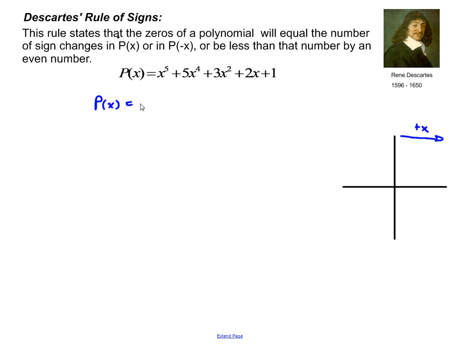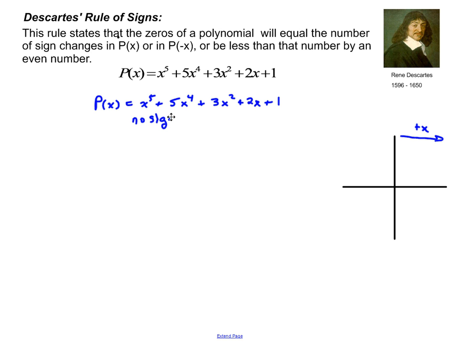And in this case, we've got positive x to the fifth plus 5x to the fourth plus 3x squared plus 2x plus 1, right? And we look at that and we see there are no sign changes here.